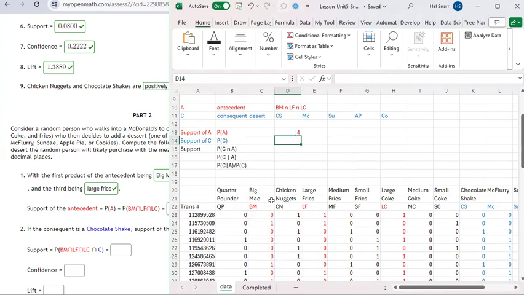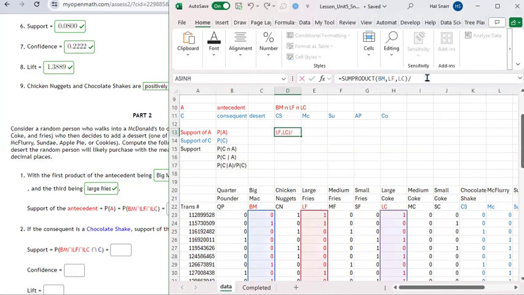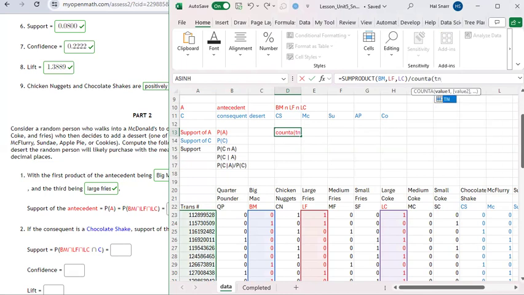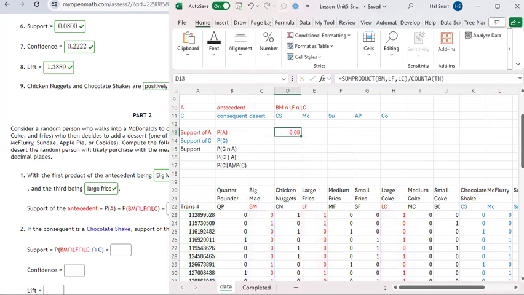Of these 50 randomly chosen transactions, there are 4 where the person bought a Big Mac, large fries, and a large Coke. We have to divide that by the sample size. So we're going to count the transaction numbers. So we get a probability of 0.08. So 8% of the transactions had Big Mac meals.